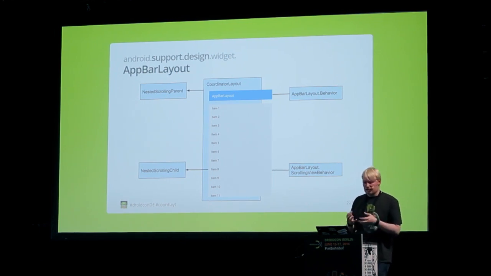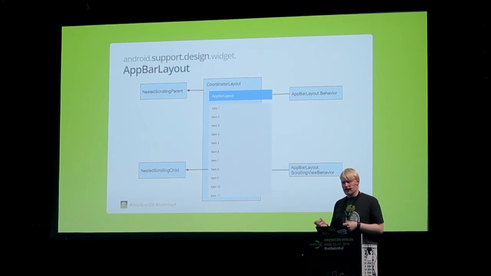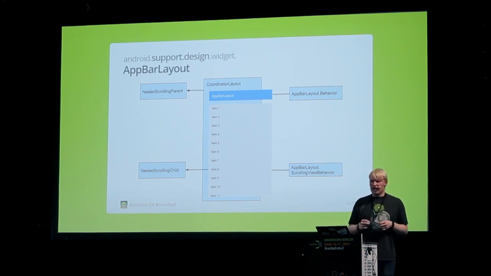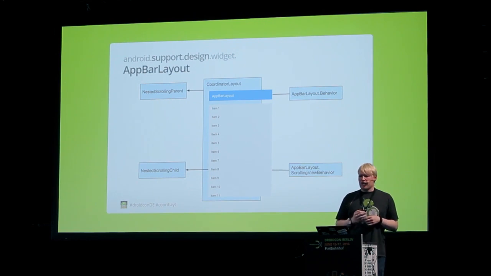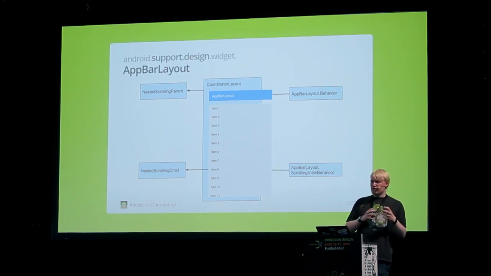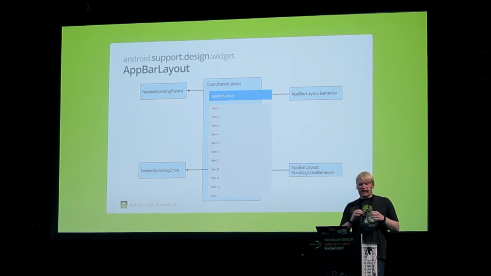And then the nested scrolling parent, in this case the CoordinatorLayout, will tell the AppBarLayout behavior that some scrolling happened, and the behavior will see, oh, my AppBarLayout is still in view, and I'm getting some scroll events, so I will use this scrolling distance to animate the AppBarLayout out.